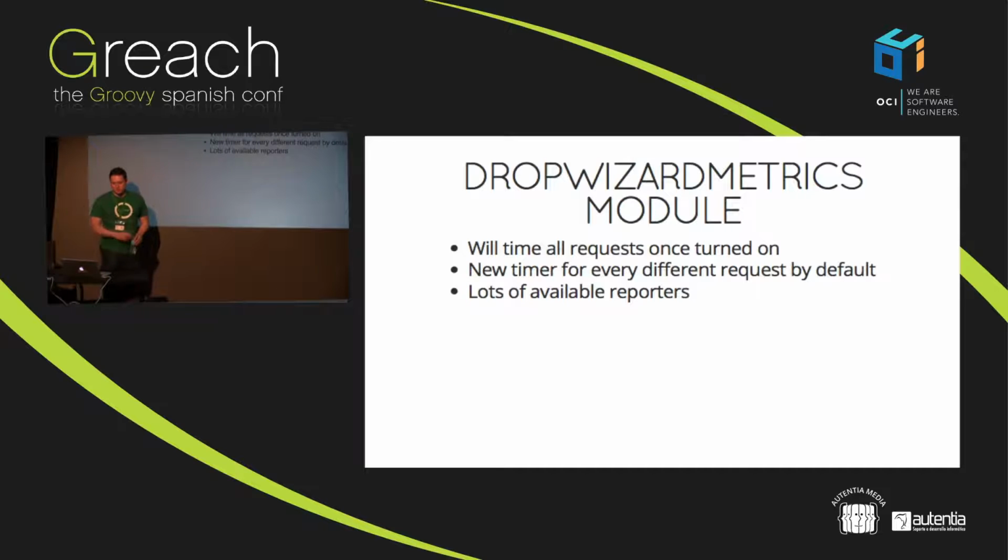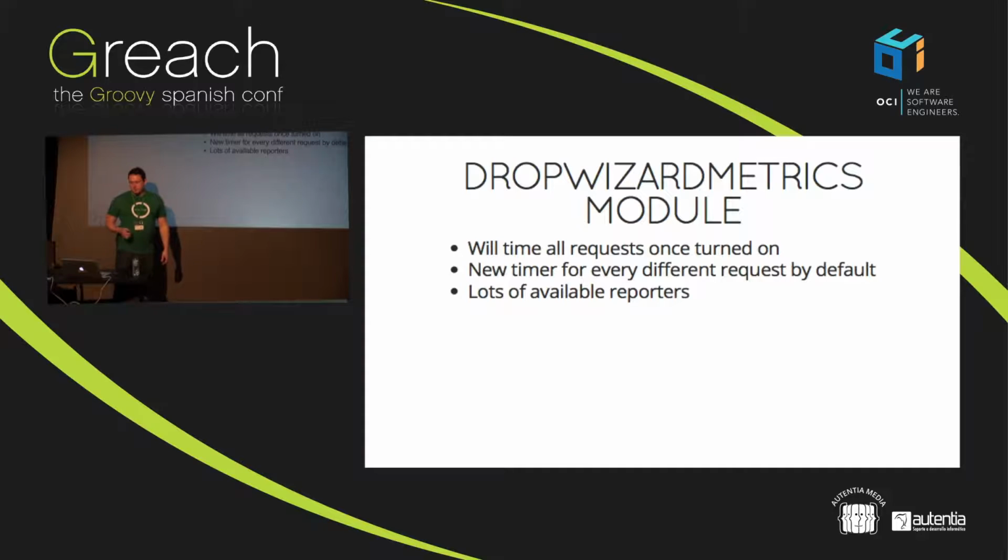The next one we use is the Dropwizard Metrics module. That used to be called Codahale Metrics, and was called Metrics for a while, and Yammer Metrics. They just keep changing the name, it's fine. By default, when you turn it on, it's going to time all the requests that come in and provide the normal timers for them.